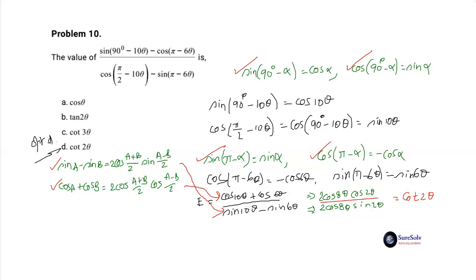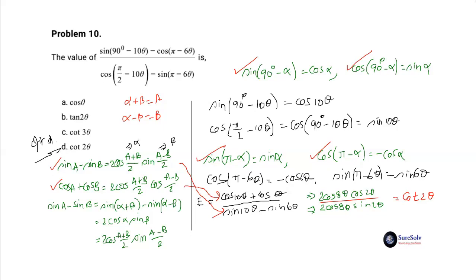If submultiple angle relations seem to be an extra load for you to understand, just assume A plus B by 2 equal to alpha and A minus B by 2 equal to beta. Adding the two, you get alpha plus beta equal to A, and subtracting you get alpha minus beta equal to B. Use these results on compound angle relations.